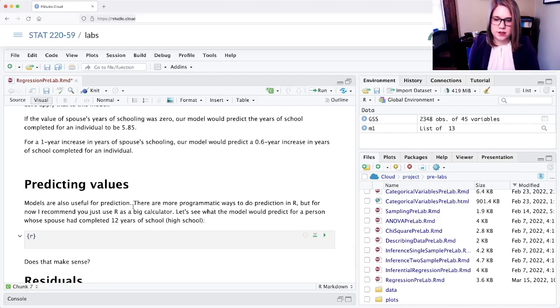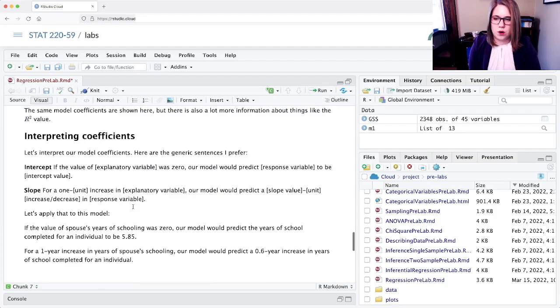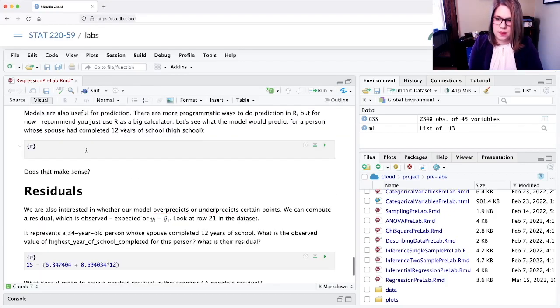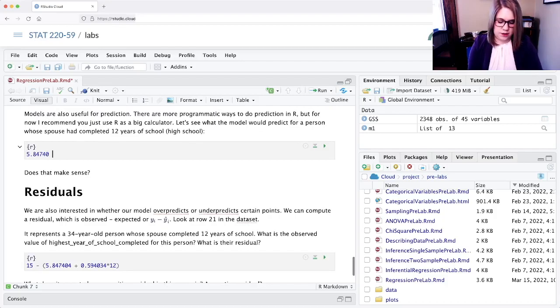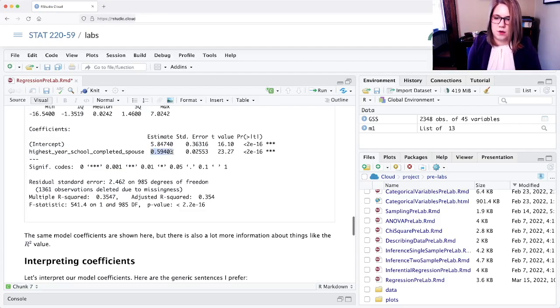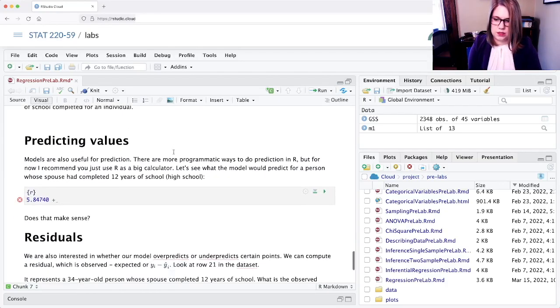If we wanted to make a prediction for this model, I would grab that intercept value, put that in R as a calculator, and then plus, and I'm going to grab the highest year of school completed, and then I'm going to use the star to mean times and multiply by 12 years of school. So I'm going to have the intercept plus the slope times whatever we're plugging in.